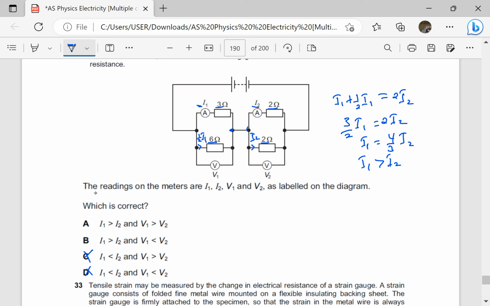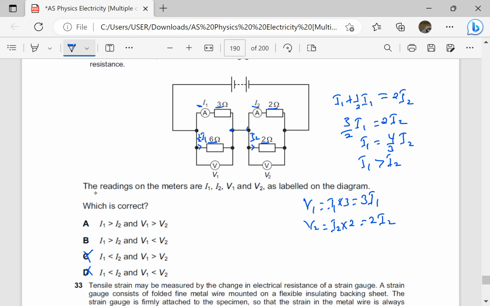Then let's check the readings of the voltmeters. The PD across V1 is going to be I1 times 3, which is 3 times I1. Or it can be a half I1 times 6. And V2 is going to be equal to I2 times 2 ohms, which is twice I2.